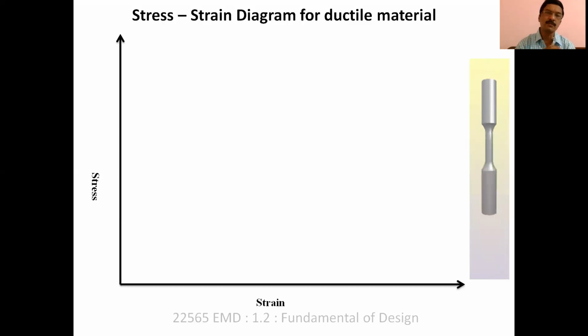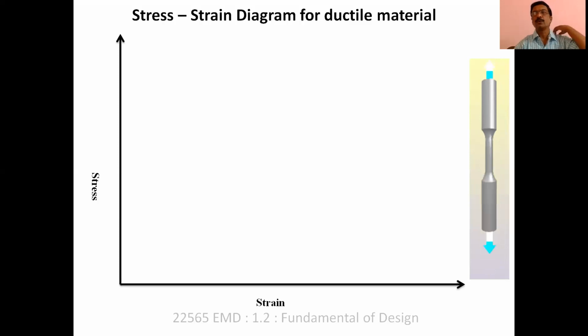Let us start from the initial condition. Initially there is no force, and no force means no strain. So our body is at zero condition. Now if I try to pull it, then what are the changes in the stress and strain? Look at the figure.